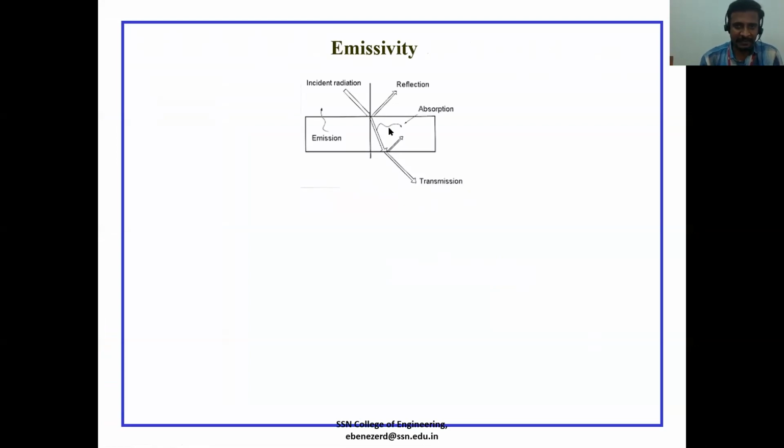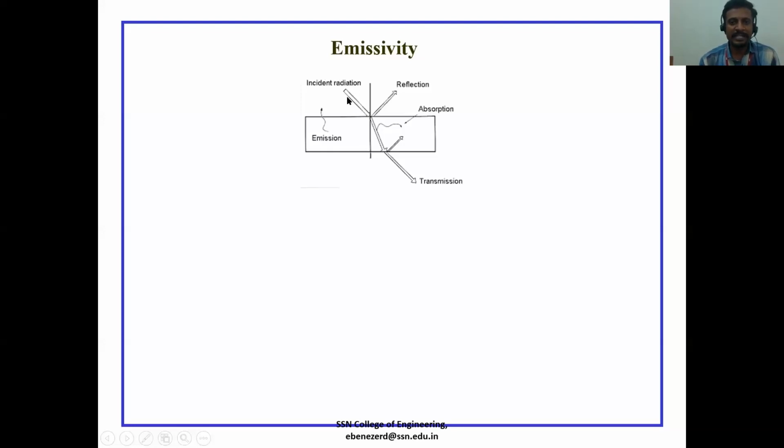Any surface, when the amount of heat reaches the surface, the area of the surface which receives heat, okay, that is called incident radiation. The amount of heat coming by way of radiation is called here incident radiation.